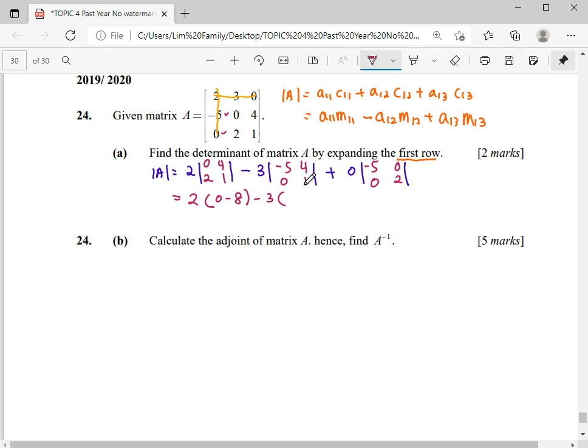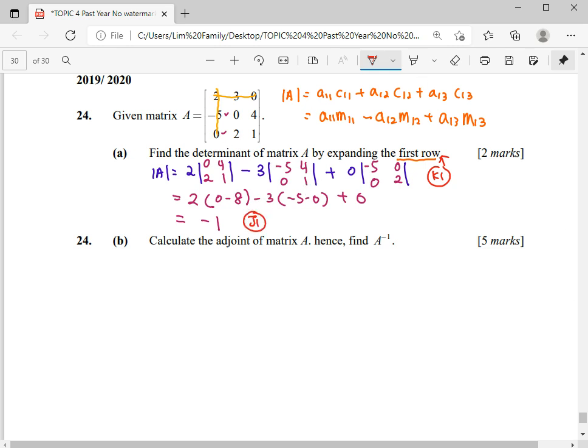So AD, which is negative 5, minus BC, which is 0. So this part is 0, and finally we get negative 5. The concept here is to see how you expand and find your determinant using the first row, then get to your answer.